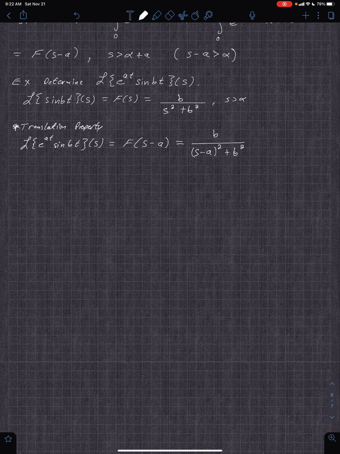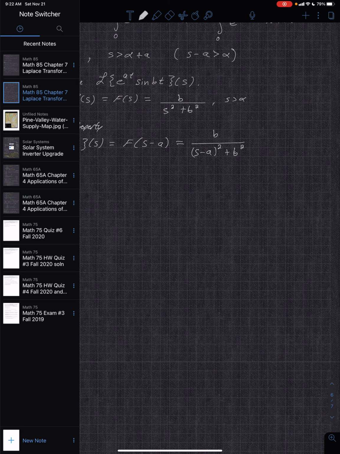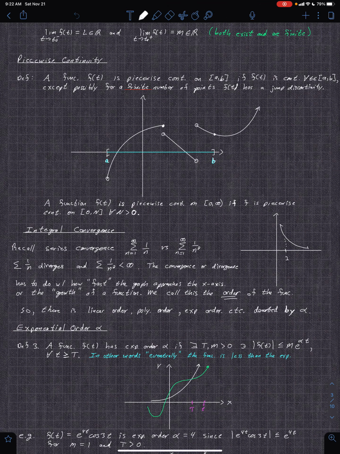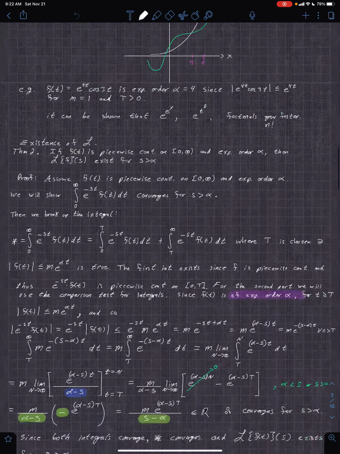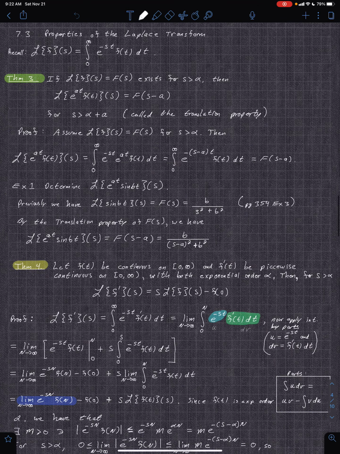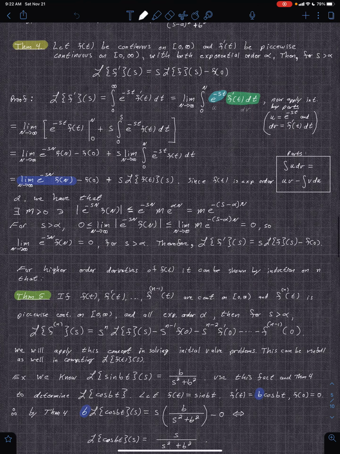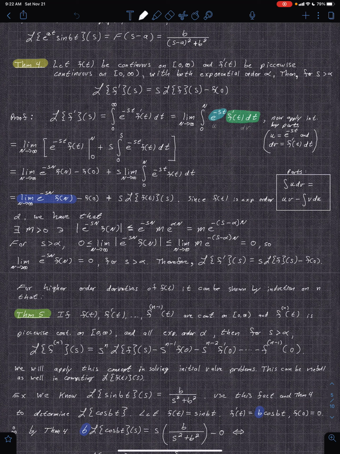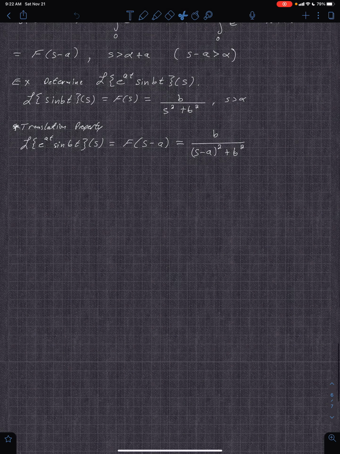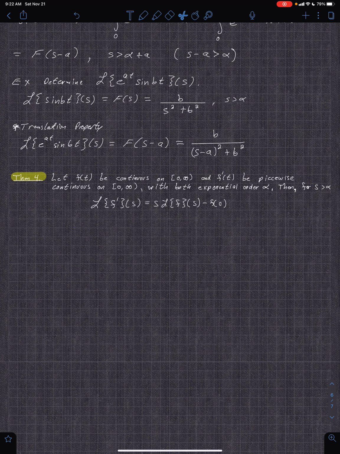I'm going to grab the statement over here, which is down here. So there's theorem 4. Paste it in here.